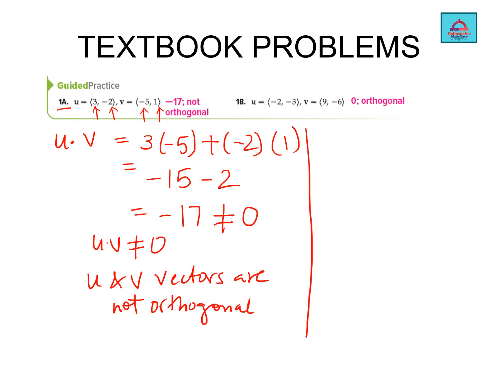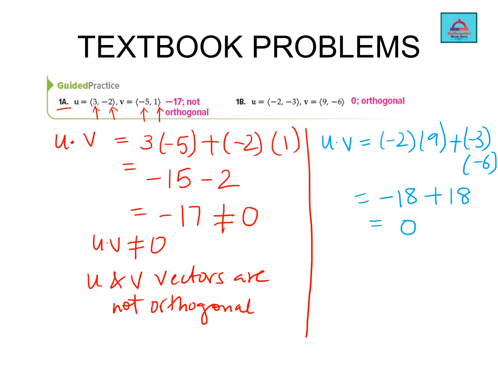Let's do 1b also. I'm going to change the color. So u dot v here becomes minus 2 times 9 plus minus 3 times minus 6. So what is this? Let's multiply: minus 18. Now negative 3 and negative 6 when multiplied becomes positive 18.